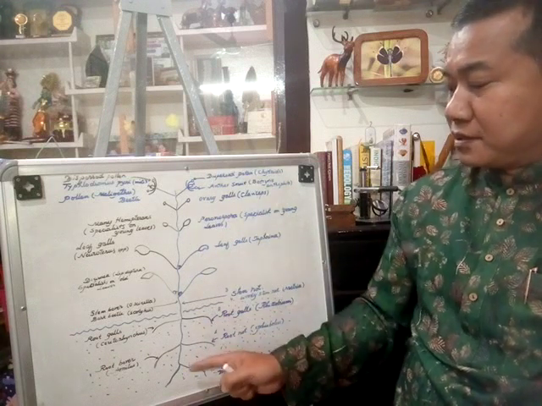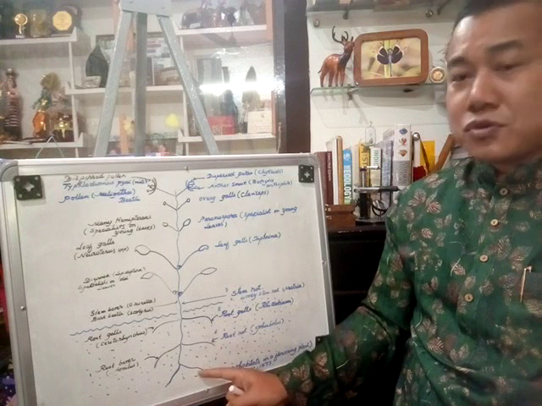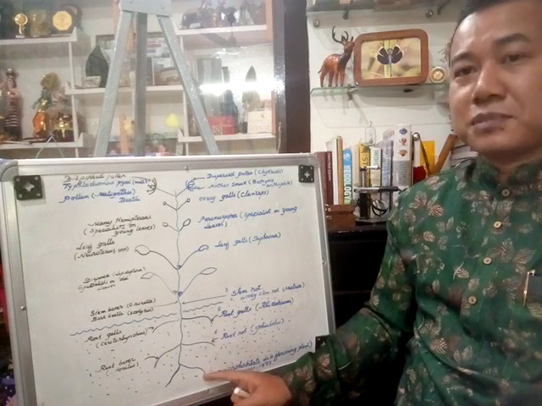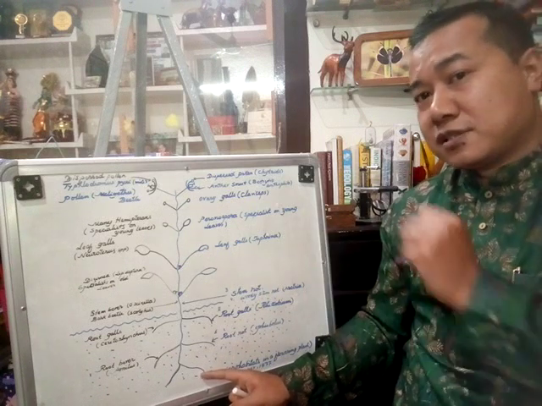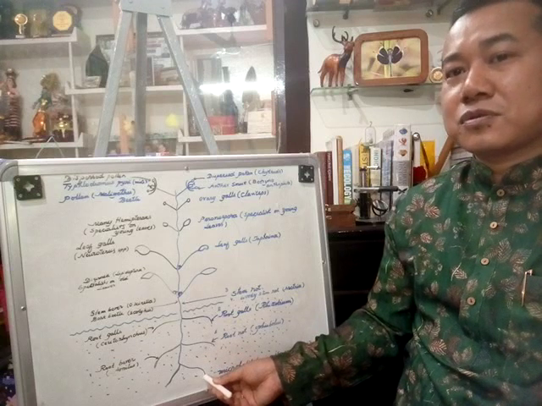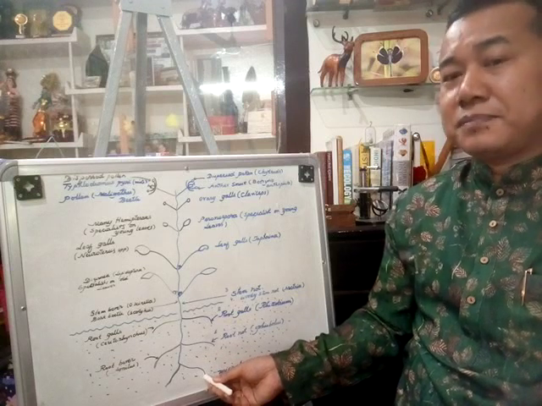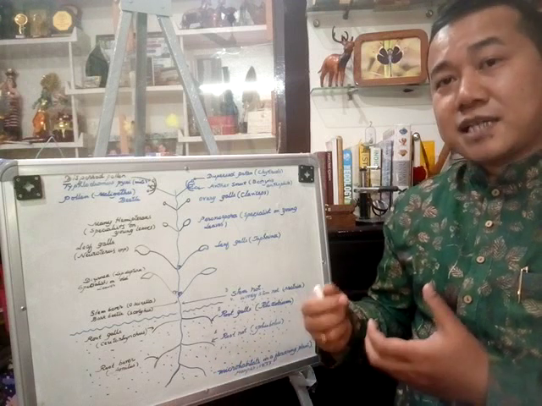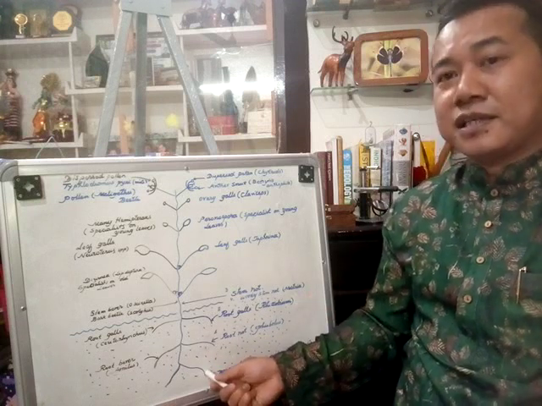A leguminous plant has root nodules, and the root nodules are responsible for hosting nitrogen fixing bacteria like Rhizobium. So if you ask the question, where do you find Rhizobium? Rhizobium is going to be found here in the root nodules, because they cannot be exposed to free oxygen, which is very oxidizing, so they need an anaerobic environment, and they live there. And what do they do?